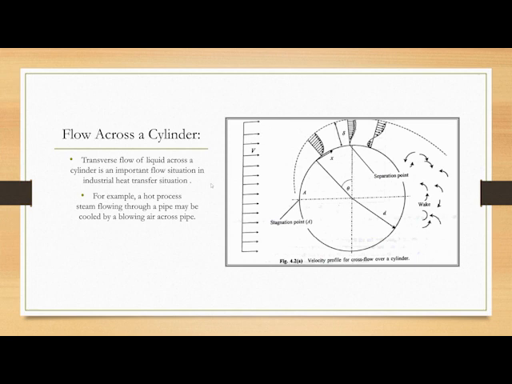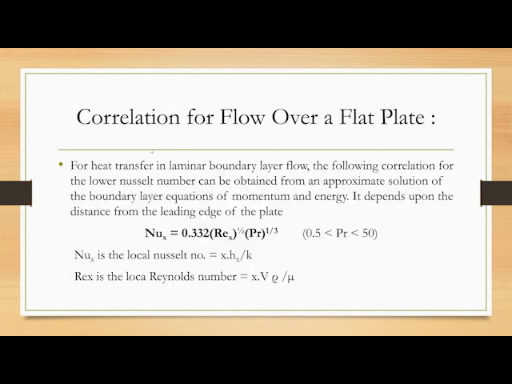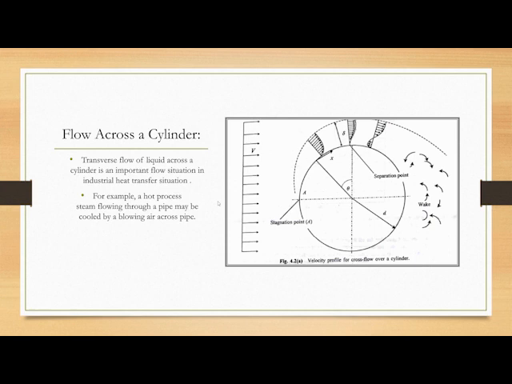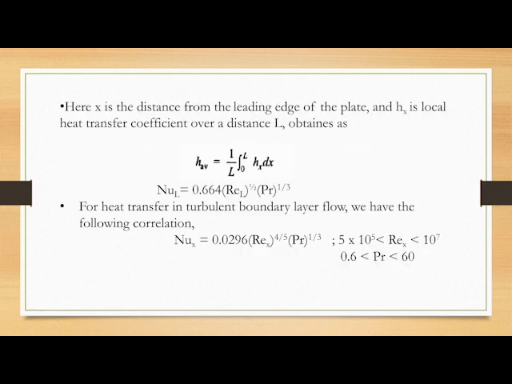Here was the case of flow across a cylinder. The transverse flow of liquid across a cylinder is a very important situation in industrial heat transfer. Here we have this correlation for flow across a cylindrical object or a duct.